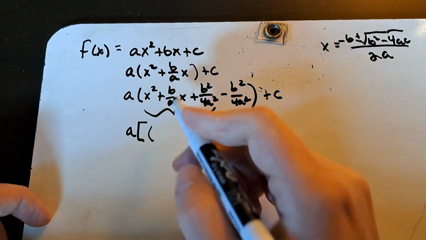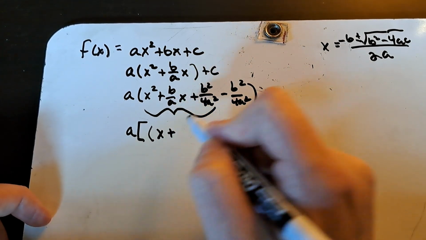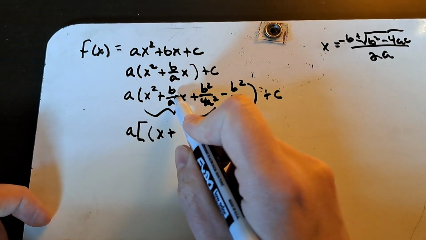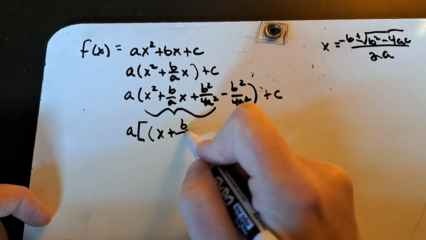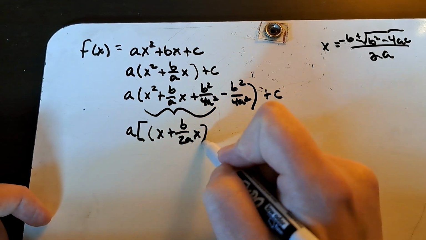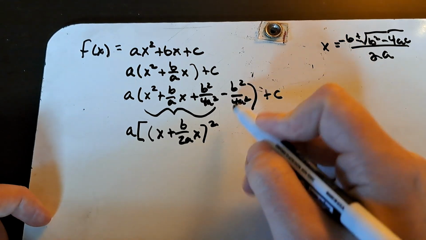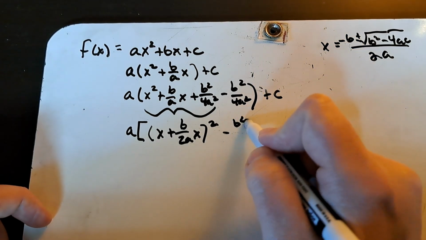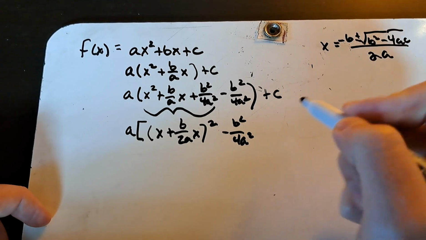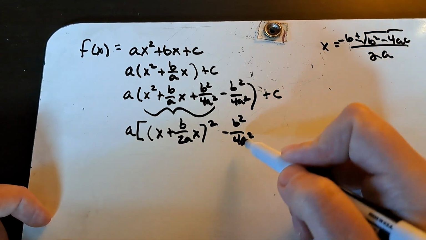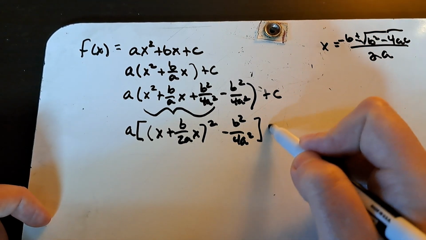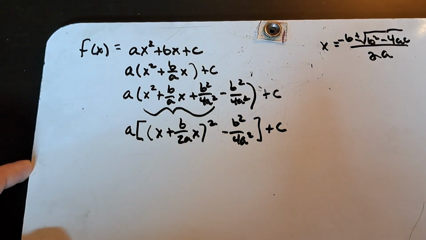So this right here is now going to be x plus 1/2 of b over a x, or b over 2a, x squared. And then I still have this minus b squared divided by 4a squared plus c. Okay?